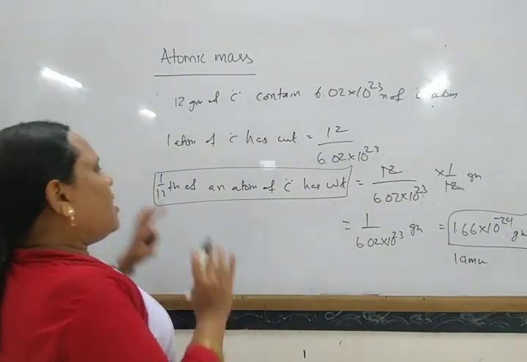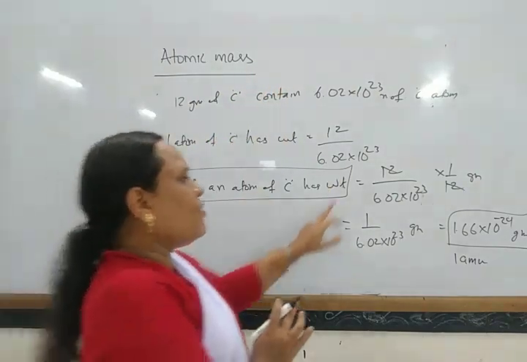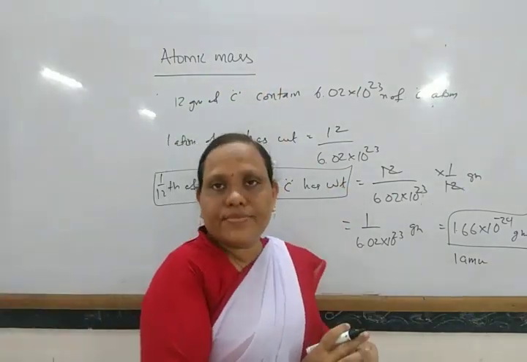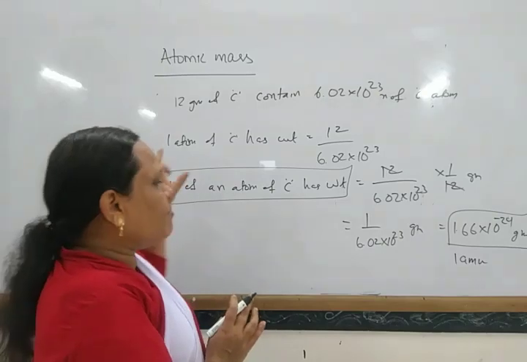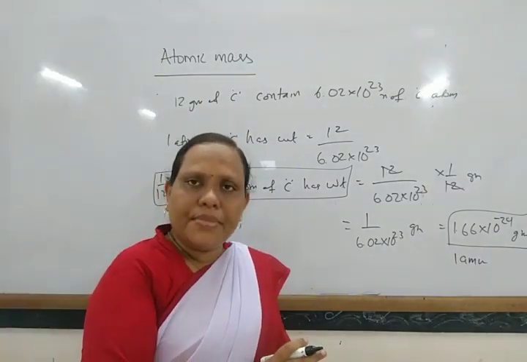So in this way, how many times any atom is heavier than 1/12 of one atom of carbon, by this we can measure the atomic mass of this element.